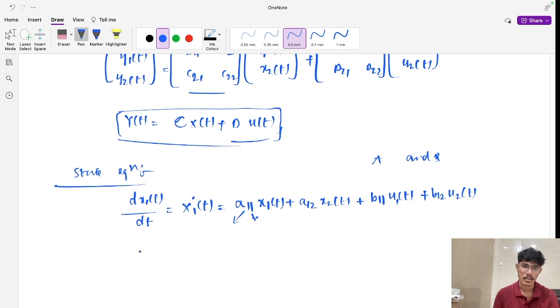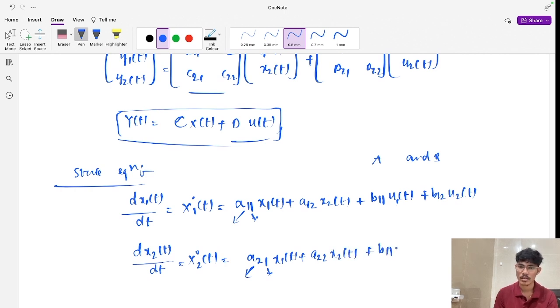In the same way, we can write the second state variable equation: dx2 of t by dt equals x2 dot of t equals a21 x1 of t plus a22 x2 of t plus b21 u1 of t plus b22 u2 of t.